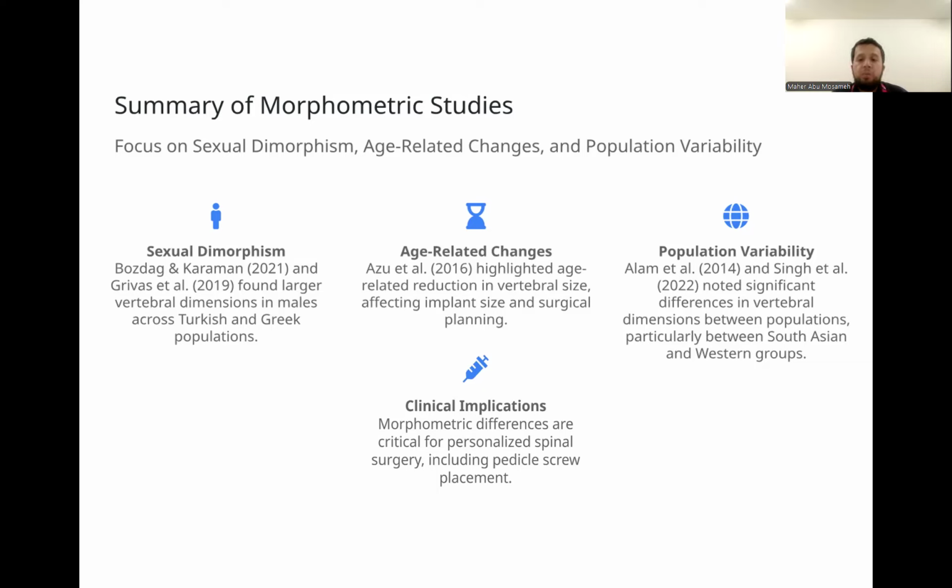With relation to population, two studies by Alam and Singer noted significant differences in the vertebral dimension between South Asian and Western group. And these differences are critical for forensic as well as for spinal surgeries, like pedicle screw placement.